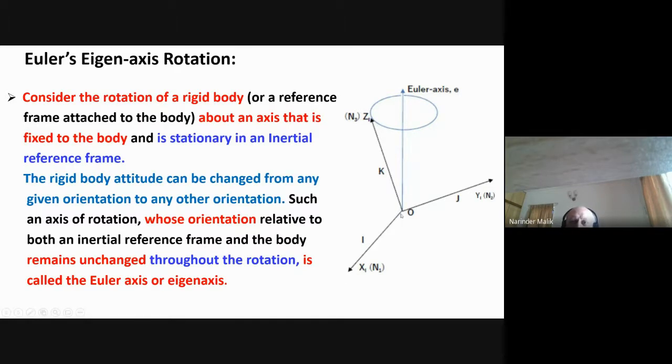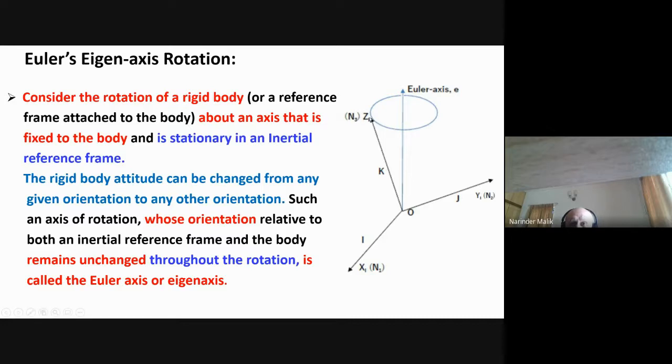Now I want to rotate about an axis which is common to both the body and the inertial frame. That axis is fixed in both the body and the inertial frame. So that is called the Euler axis, the eigenaxis.